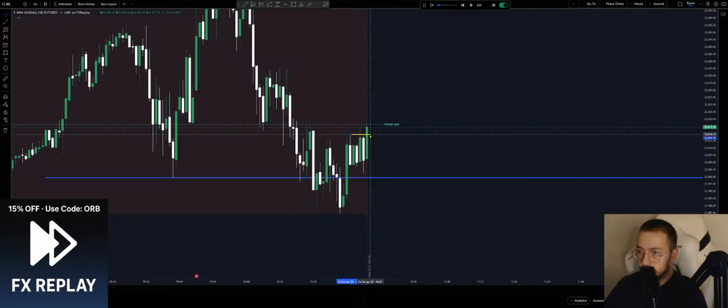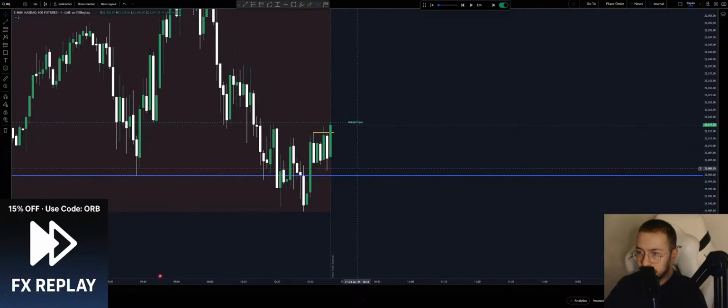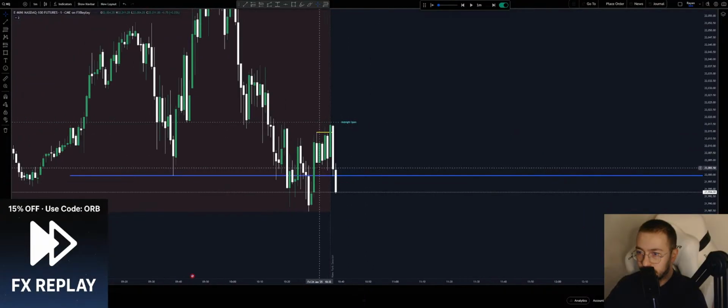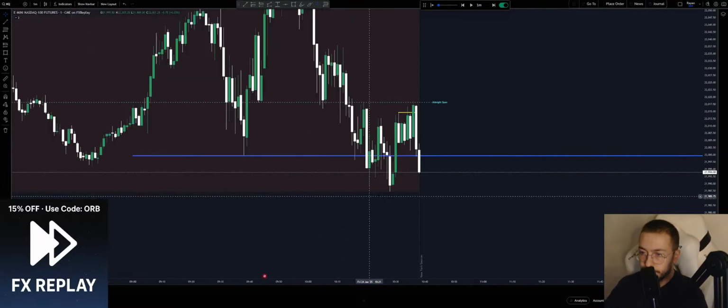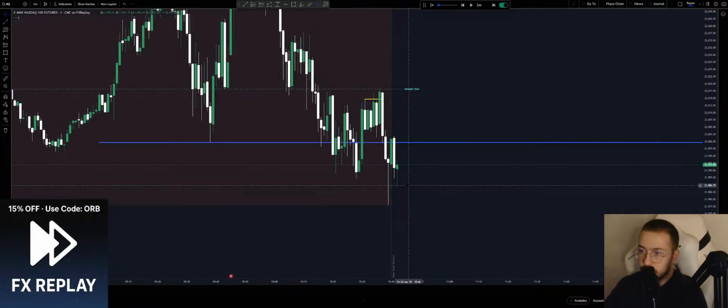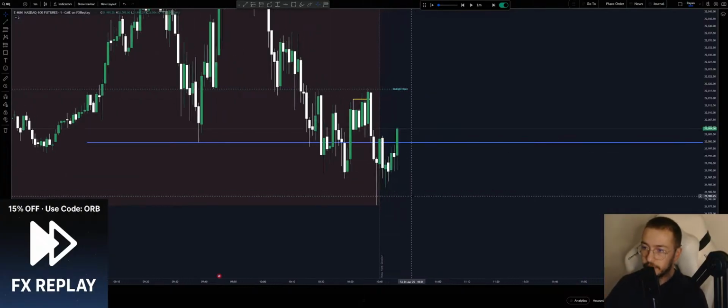That's a swing. We break structure. Don't have any fair value gap. That fair value gap already was mitigated here. It was mitigated before the price broke structure, so that's invalid. It has to be mitigated once.